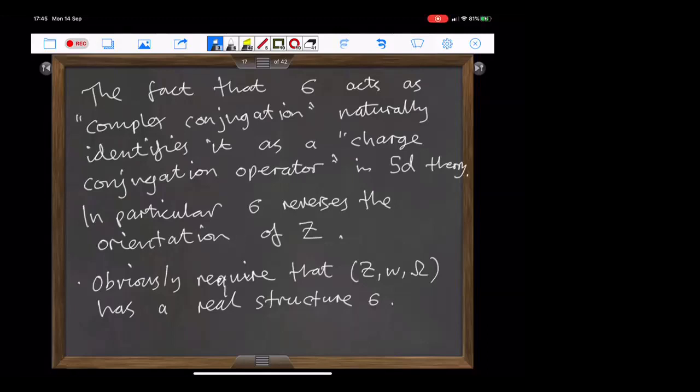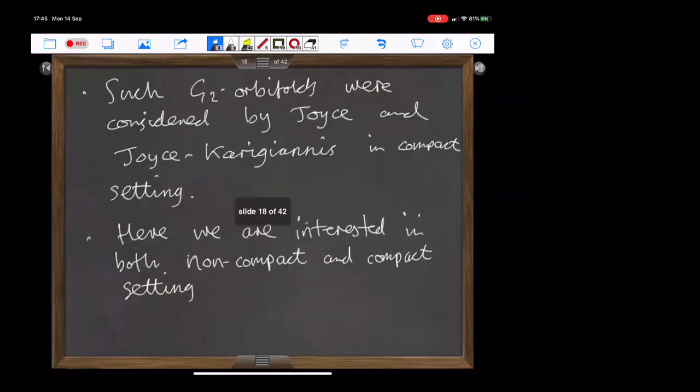So obviously, in everything that I'm talking about, one assumes that one has a Calabi-Yau structure that admits an appropriate anti-holomorphic involution sigma. These sorts of G2 orbifolds have been considered for quite some time in the literature, in particular by Dominic and Spiro more recently, mostly in a compact setting.